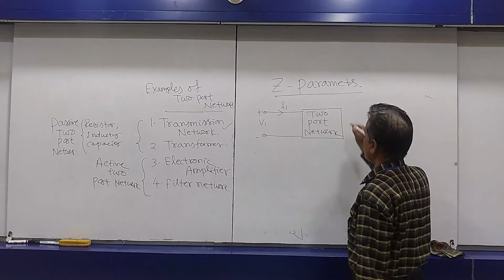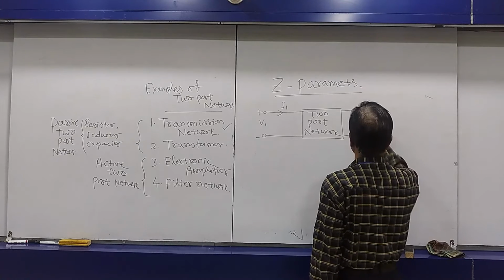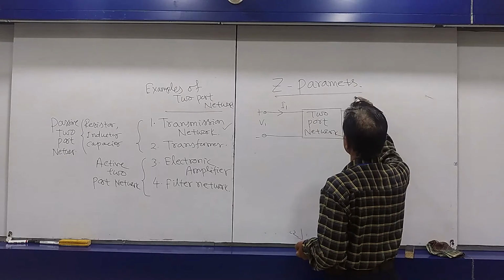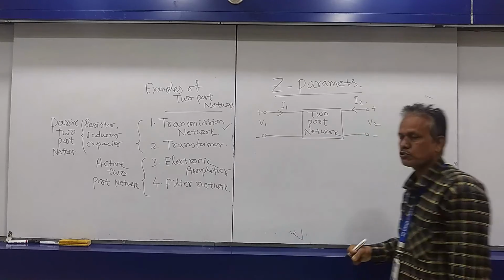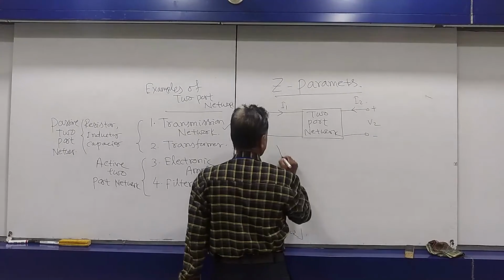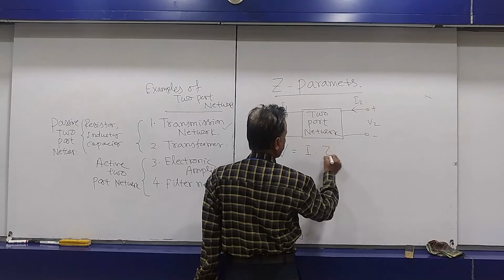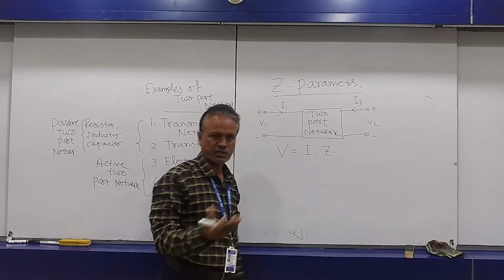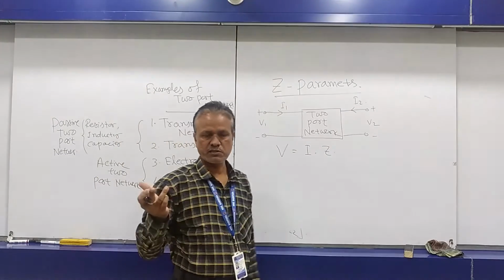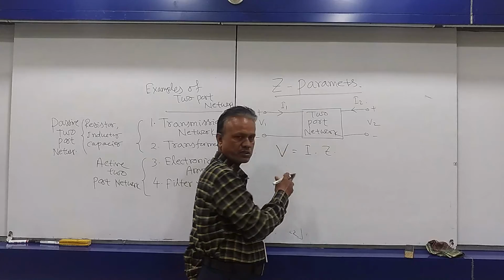Similarly, at the right hand side I am writing the voltage V2 at port 2, and current I2. So you know in AC circuits that the voltage of a circuit is given by I multiplied by Z. Are you clear, students? Have you got this expression?